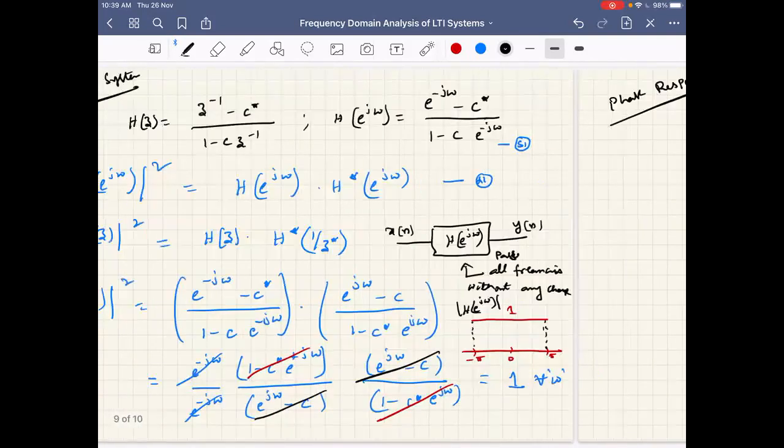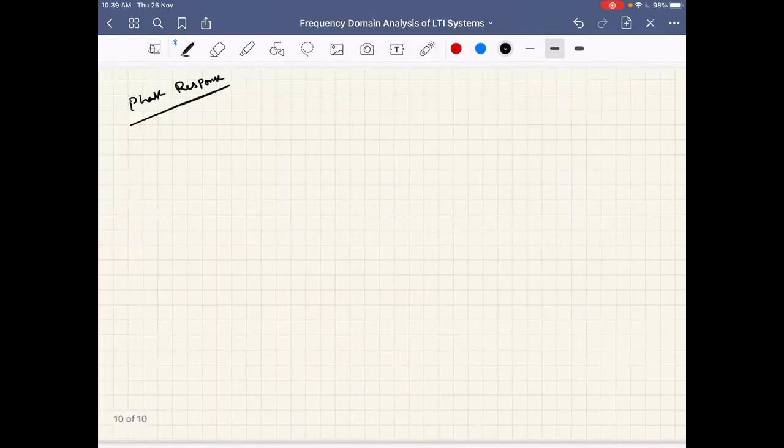But before that, let me discuss what phase response is. Assume that you have, this is not an all pass system, but assume that H of e power j omega is given as e power minus j omega nd.